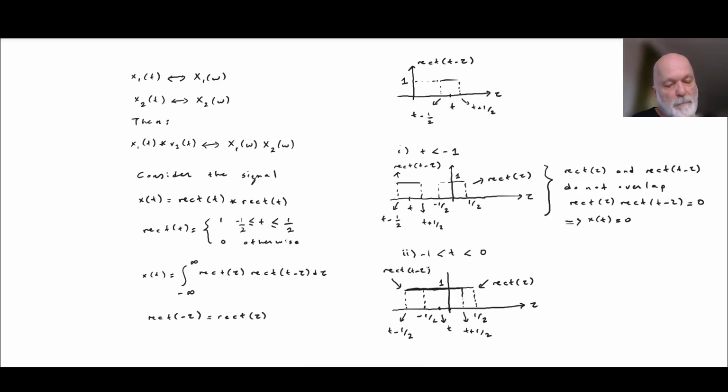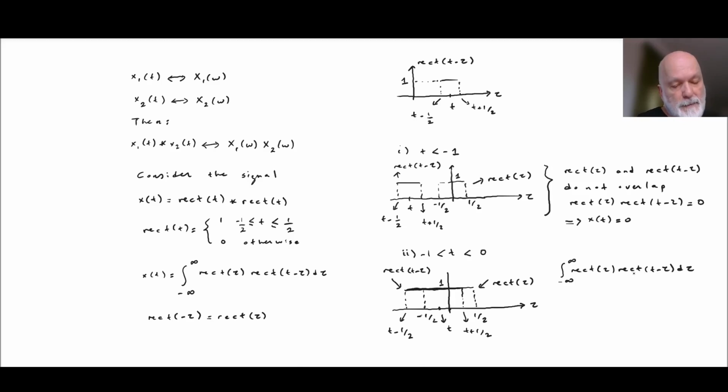Rect tau and rect t minus tau overlap, and the integral of the product of rect tau and rect t minus tau from minus infinity to plus infinity, integrated with respect to tau, is now non-zero, because the product is non-zero.